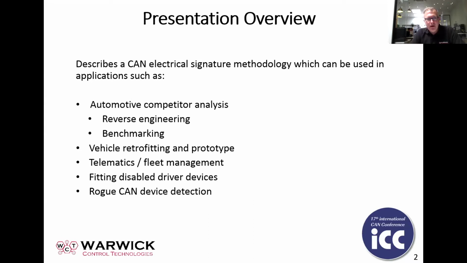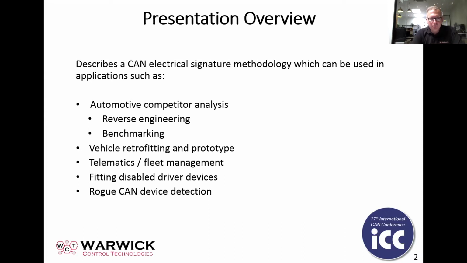Or there might be a vehicle that needs retrofitting of some kind of CAN bus system, to make some kind of new prototype for that. There may be telematic systems where you want to get information from the vehicle for fleet management purposes, and quite often the information available is not as full as might be required by the fleet manager.